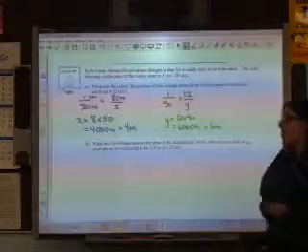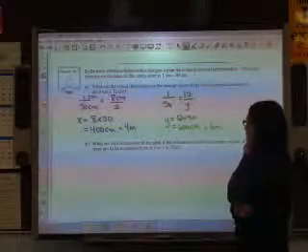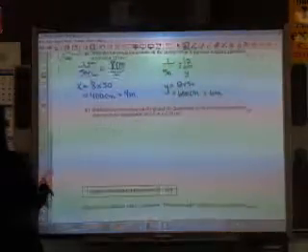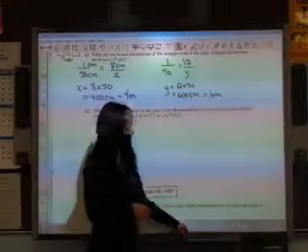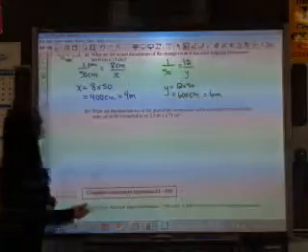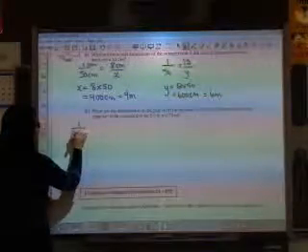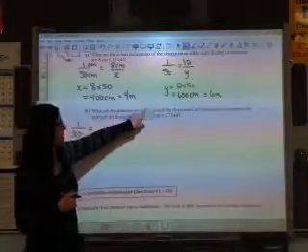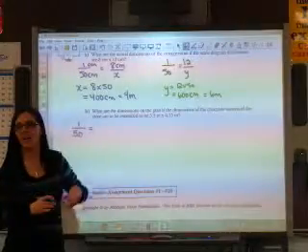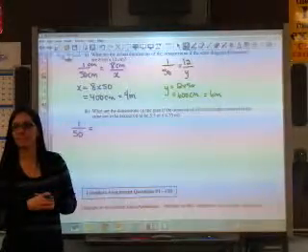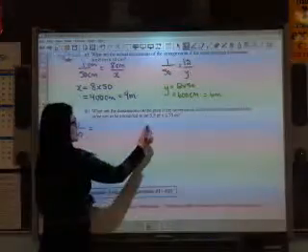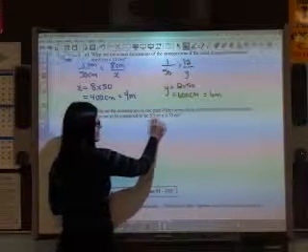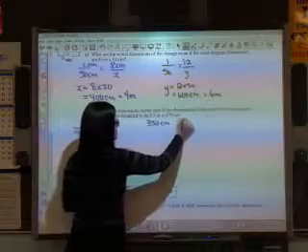Okay. If I go backwards, if I have the chocolate section of the store and I'm expanding it to be 3.5 meters by 4.75 meters, I still have my 1 to 50. But what do I have to do to these units in order to put them in the scale diagram? Times it by 100, to change them into centimeters. So if I multiply by 100, what do you get? 350 and 475.